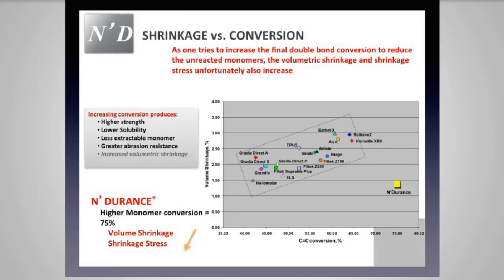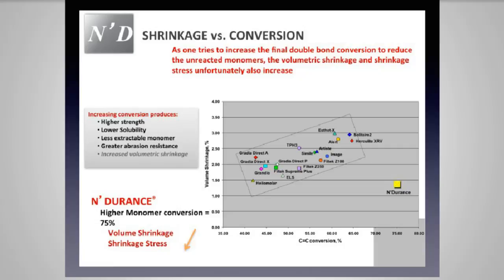This, however, creates a remarkable increase in volumetric shrinkage and shrinkage stress in our conventional composites. Endurance, down at the lower right of the chart, is able to convert more monomer and keep stresses significantly reduced due to the phase separation curing that we just discussed a few moments ago.